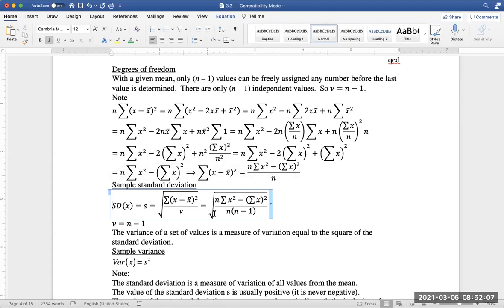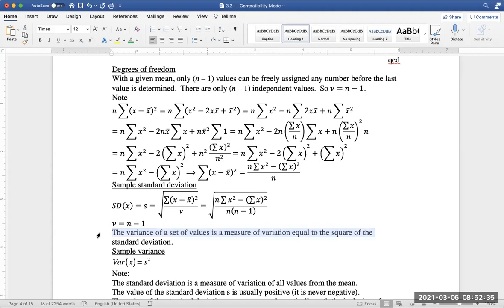So I can rewrite my standard deviation in the following simplified computational formula. And so this nice simple computational formula is the square root of n times the sum of x squared minus the sum of x quantity squared, over n times n minus 1. Where my degrees of freedom here is n minus 1.